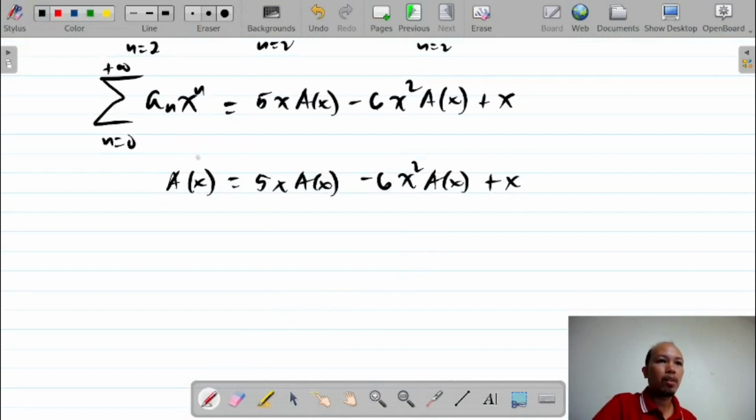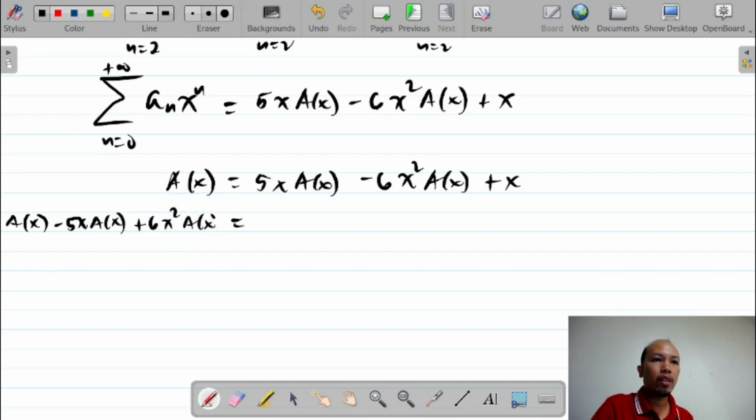Now we can simplify. We can factor out a of x. Let's move all terms that have a of x to the left hand side: a of x minus 5x a of x plus 6x squared a of x is equal to x.